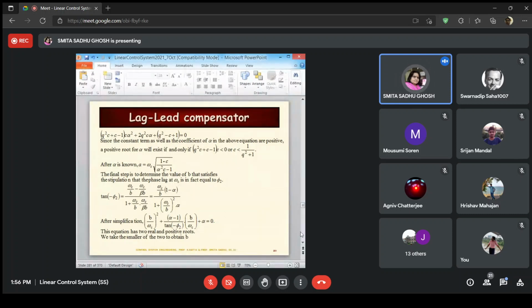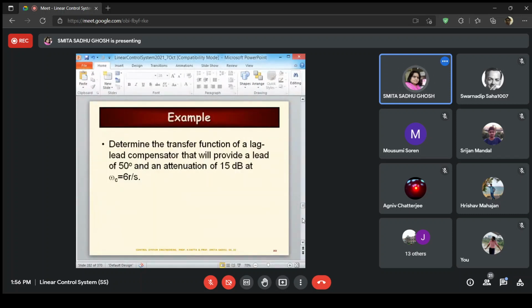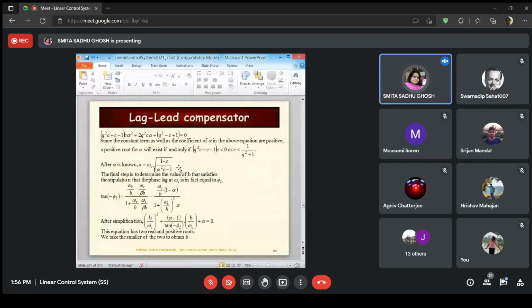I'm not going to go into this particular expression. In fact, I can show you: this is the quadratic in alpha that we finally arrive at. The working out has not been shown over here, but it follows a similar methodology. A can be computed from this expression.